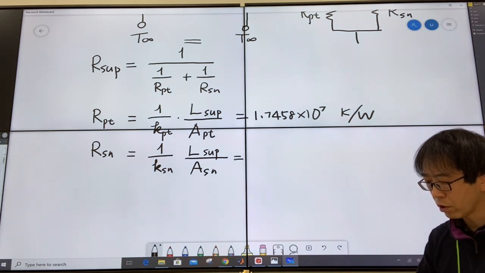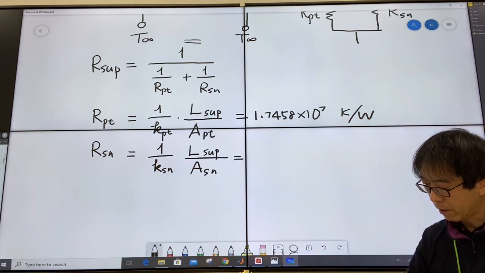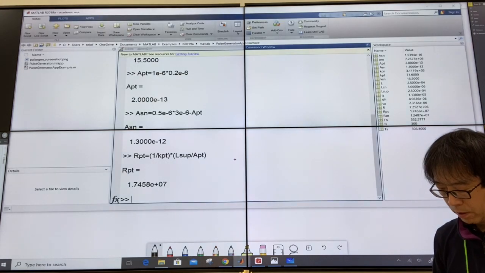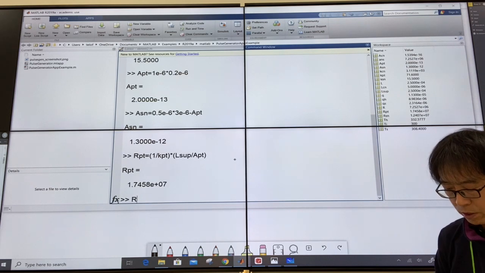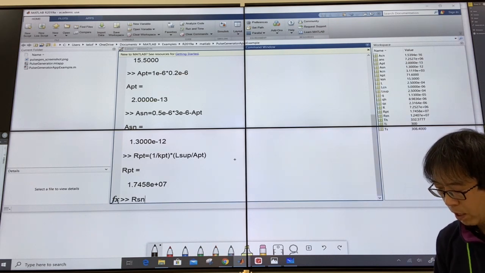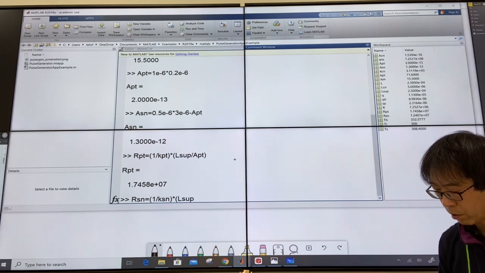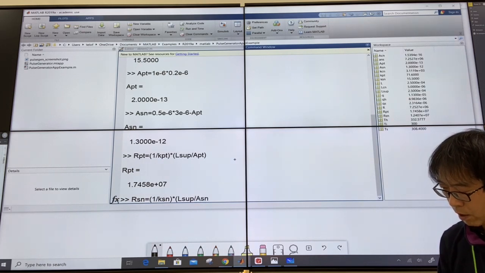So just punch in this number, and right here, the thermal resistance of silicon nitride is nothing but 1 over K_SiN, which we already provided, times the length of the supporting structure, 250 microns, divided by A silicon nitride. Right?